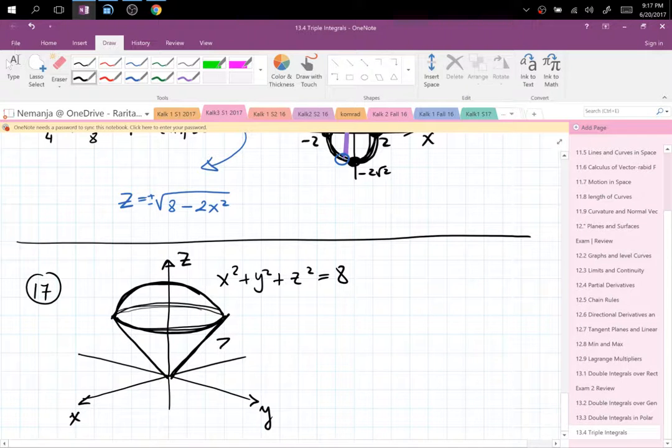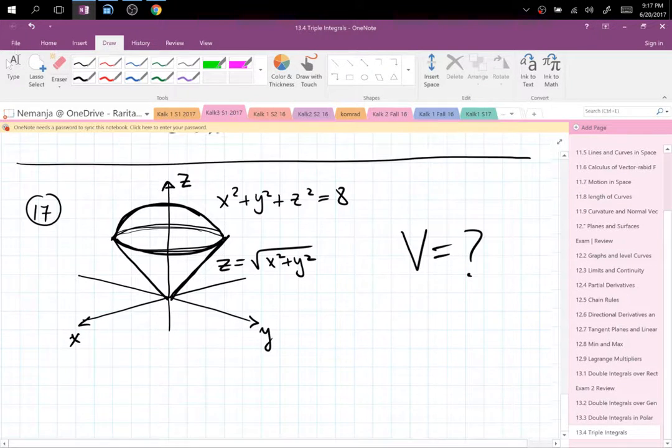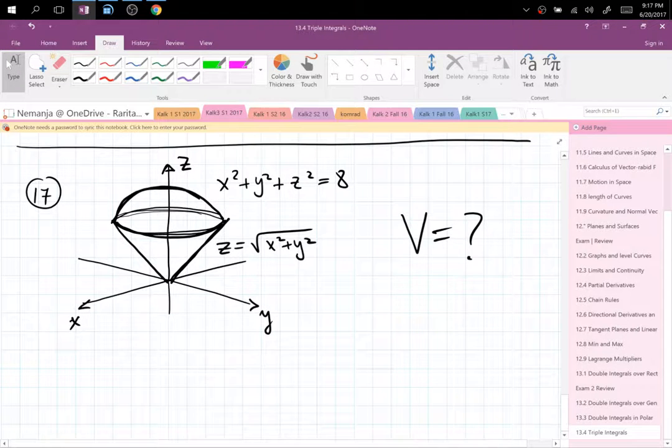And the equation for the cone is z equals square root of x squared plus y squared. What's the volume? Try to set this up on your own. I give you 21 seconds. Go.